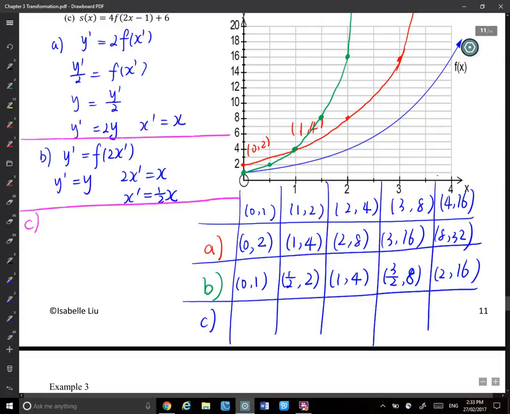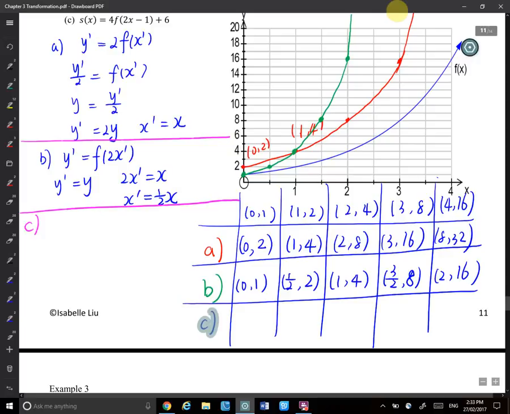Okay, for part C, we will have (y dash minus 6) over 4 equals f(2x dash minus 1).